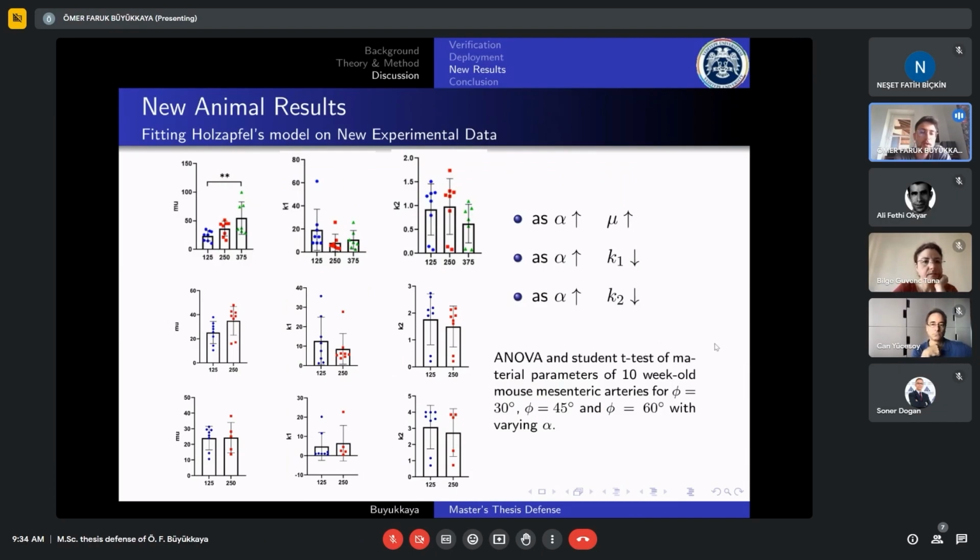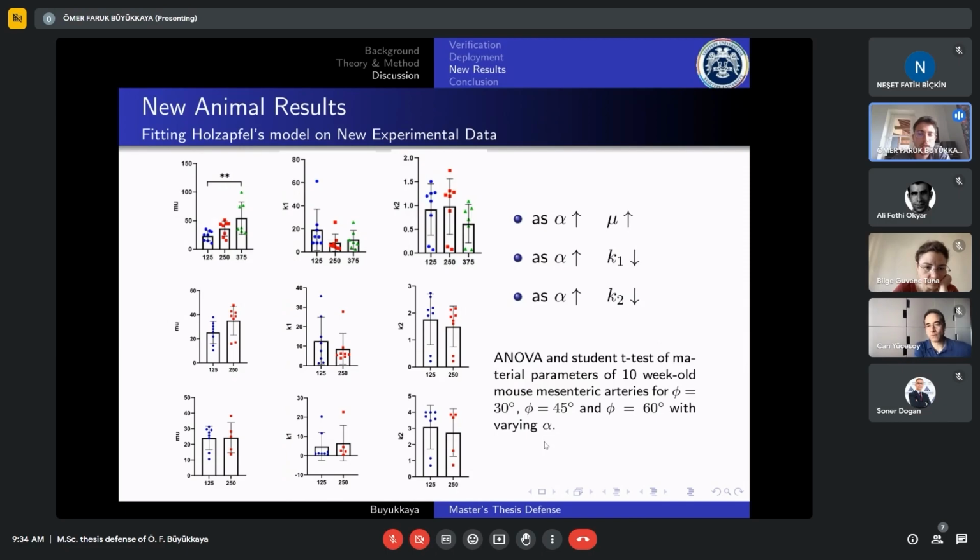By using these results, we performed an analysis of variance and student t-test of the material parameters of 10-week-old mouse mesenteric arteries for phi, or fiber angle, equals 30 degrees representing the first row, 45 in the second row, and 60 degrees in the third row.